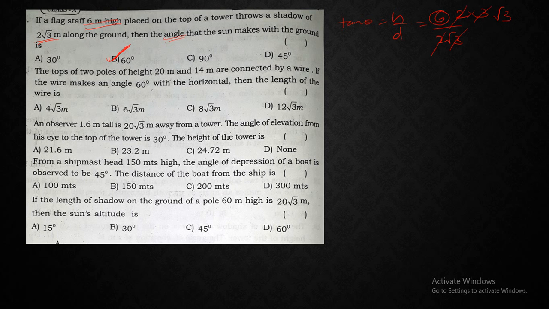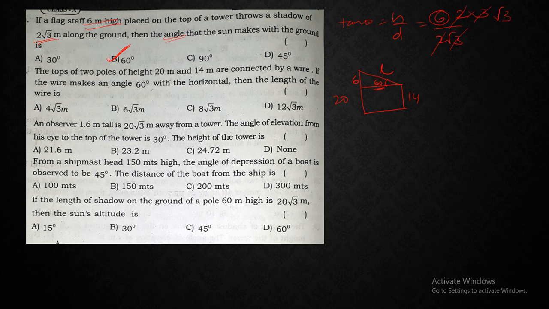Next, the tops of two poles are connected by a wire. So there are two poles. This is 20 meters and this is 14 meters. Now these two are connected by a wire. So this length of wire I need. The angle given here is 60 degrees, right? Previously here it was given 30 degrees. Now this particular part is 6.